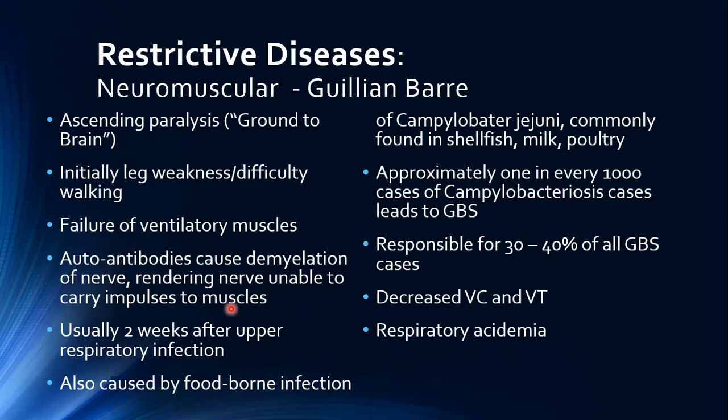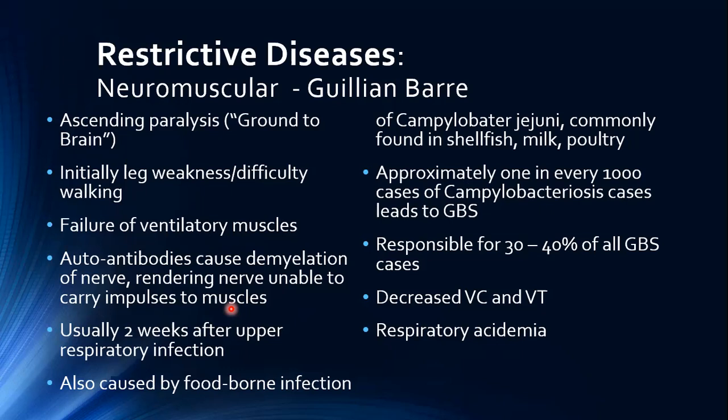So your shellfish, your shrimp, your lobster, all of that, your milk products, and your chicken, they have Campylobacter jejuni, which is kind of like a bacteria that if you don't cook your food well, it can get in your system. If that gets in your system, your body's going to start making antibodies to fight it. But those antibodies start latching on to the myelin of the nerve, start demyelinating it by destroying it, and that leaves that nerve wide open. And once you do that, you can mess up your impulses to your muscles, okay?